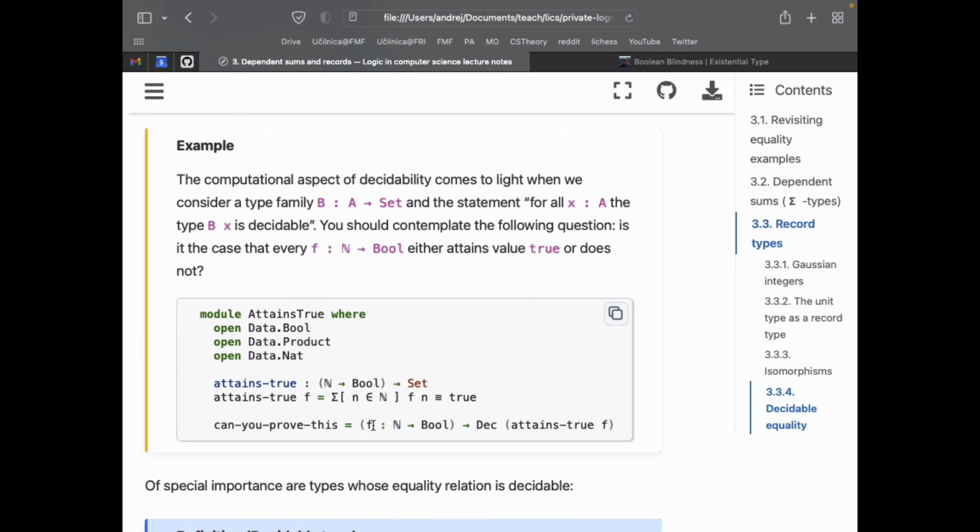But if you state that for all f, attains true is decidable, now what this says is you are going to produce a computable function in Agda which takes a function from n to booleans, and it will decide whether it attains true. Good luck with that. How are you going to do that? It's going to be difficult, maybe. How will you tell whether a function f from natural numbers to booleans is ever true? Something fishy is going on.